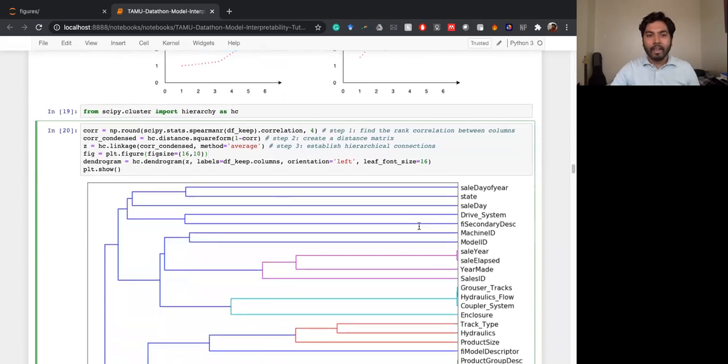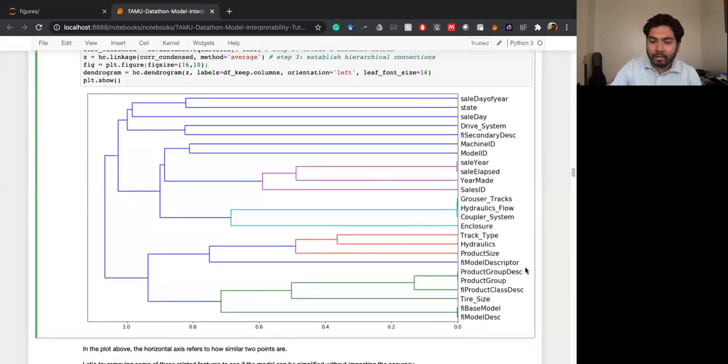Here I've written the code for finding the rank correlation between all the columns or features in our data set. If you look at this plot now, as you move right on this horizontal axis, it tells you how similar two columns are. So the rightmost columns are the most similar.